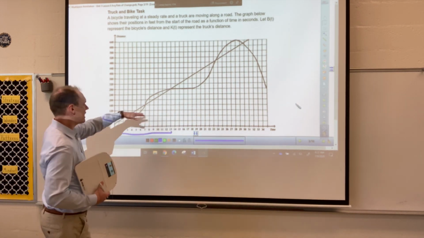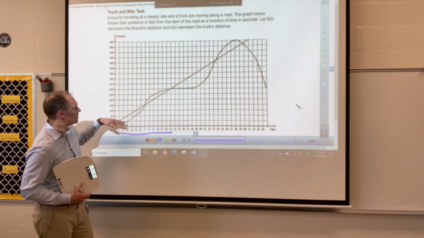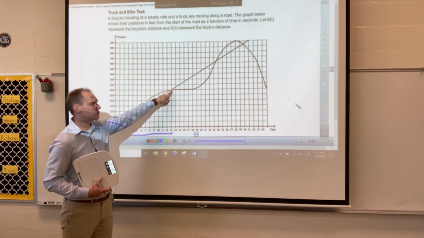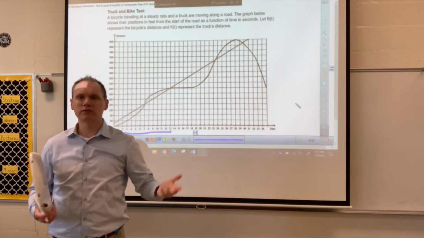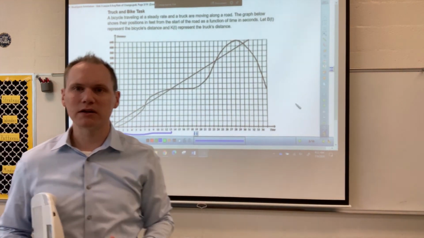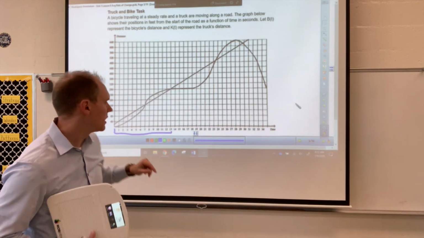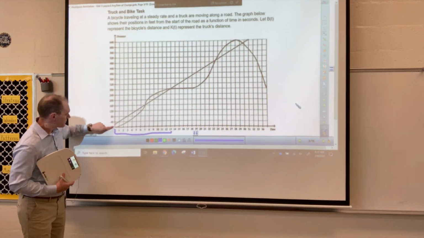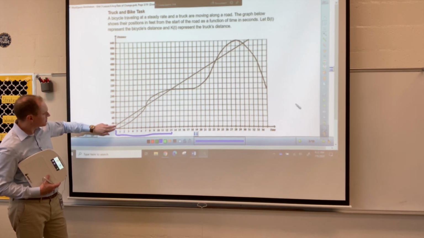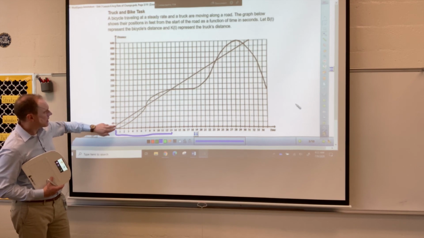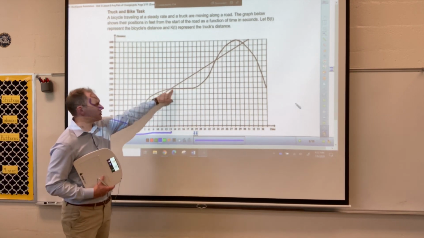I can see why Jack's thinking that, because they start and then at 13 seconds, they're at the same distance away. Right? So he's like, okay, they travel the same distance over the same amount of time. But did they? If you look at the very start here, the bike actually got about a 20-foot head start ahead of the truck. And then at 13 seconds, they're at the same position.